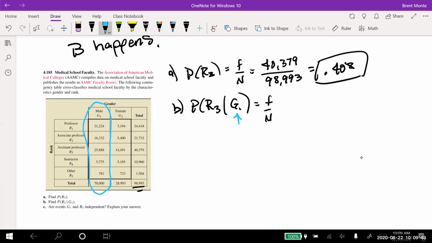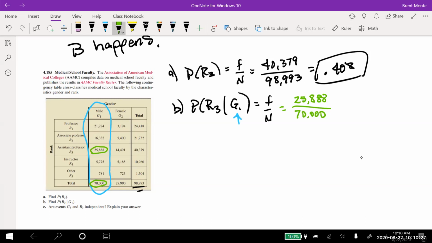Now they're saying, okay, if they're in that column, what's the chance that they're R3? Well, R3 being an assistant professor, that means there are 25,888 out of the total of 70,000. So now when I do F over N, those are the numbers that I'm putting in. If I know it's in G1, there's only 70,000 people in there, and out of those 25,888 were assistant professors.